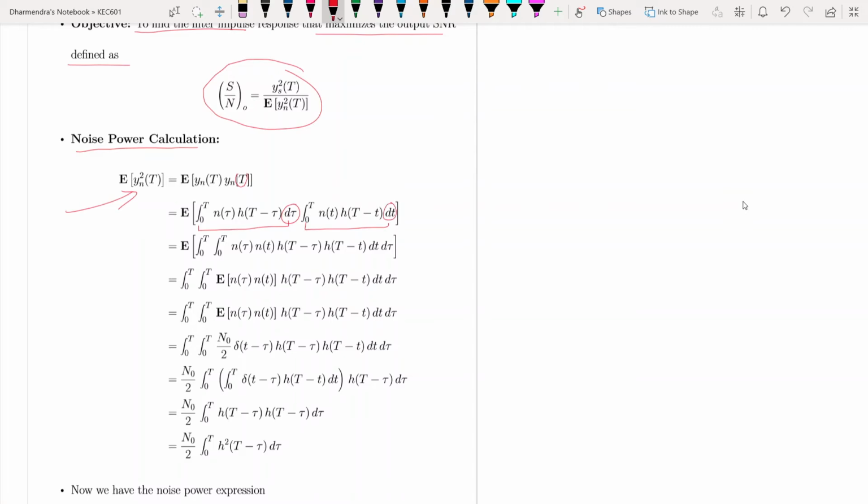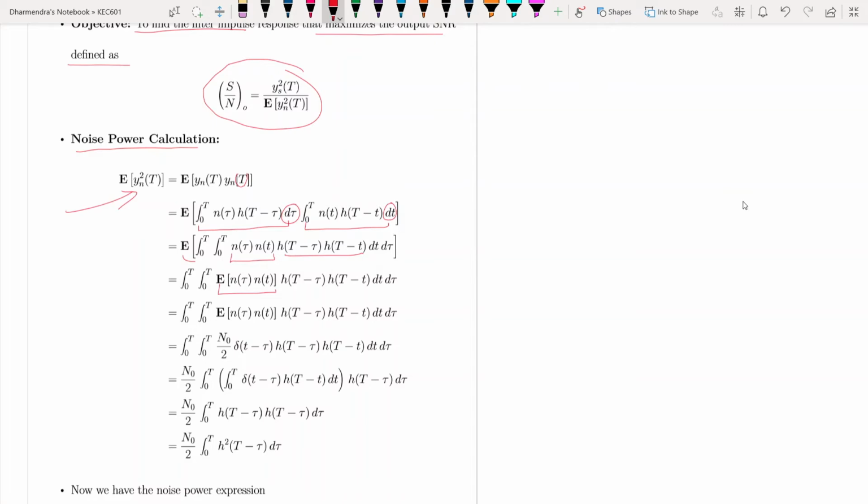Multiply, and then take the expectation operator inside. This is random in nature, so the expectation operator will work on this, while this is a deterministic signal, so its expectation will be the same.